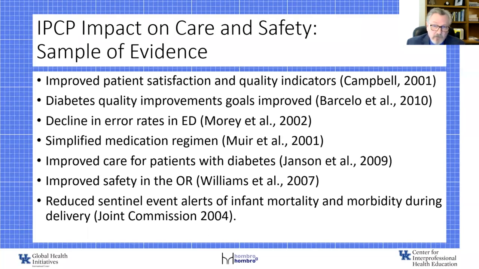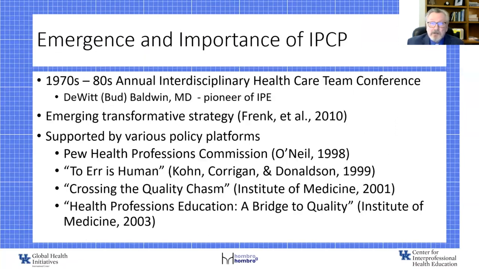Having a pharmacist involved led to a simplified medication regime for complex patients and improved care for folks with diabetes. It's improved safety in the operating room, and it reduced sentinel event alerts of infant mortality and morbidity in delivery. Next slide, please.